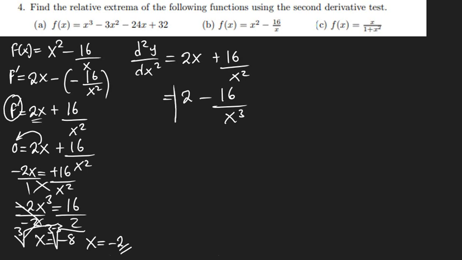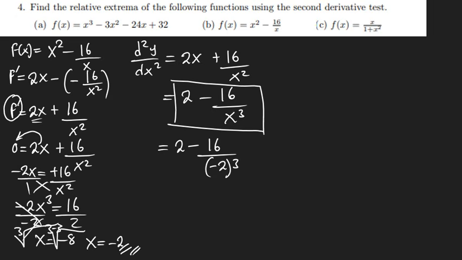We shall be using this to be able to test whether it's going to be a minimum or maximum point. How do we do that? We are going to get a 2 minus then 16 over, we get the critical point. What is negative 2 to the power 3? It's going to be 16 over negative 8.